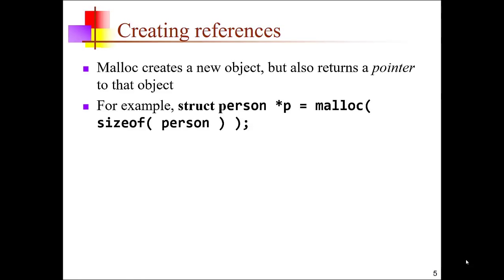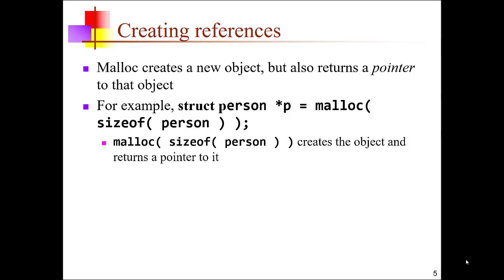It really should be asterisk P since this is a pointer. Sorry about that. Anyway, asterisk P equals malloc. And the code malloc sizeof person creates an object that gives you exactly enough space for that person structure.